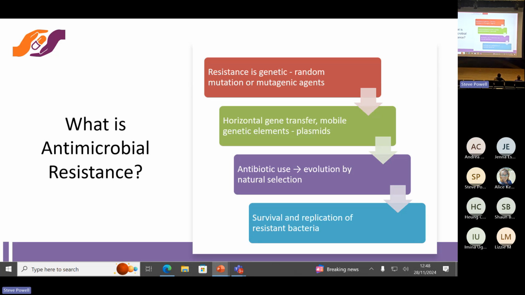Of course, we know all about evolution, but then there's evolution by natural selection, and the natural selection pressure here we're talking about is the antimicrobial agents, and then you select for resistant bacteria which survive and replicate.